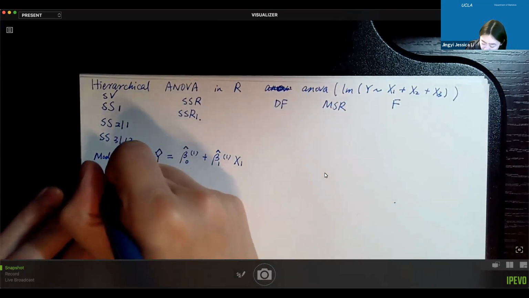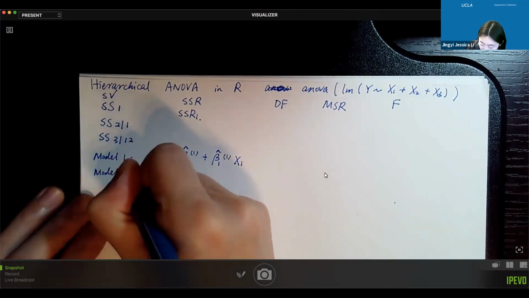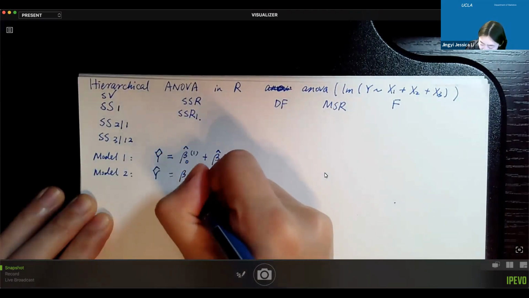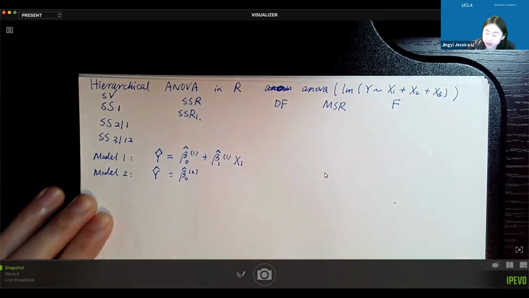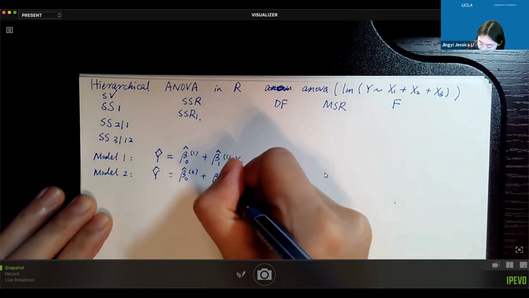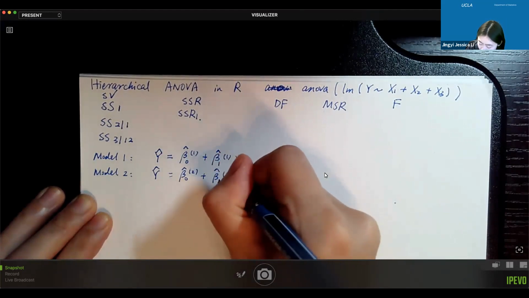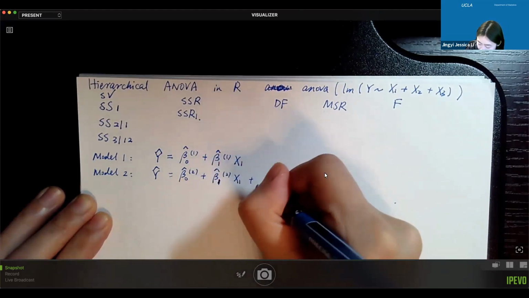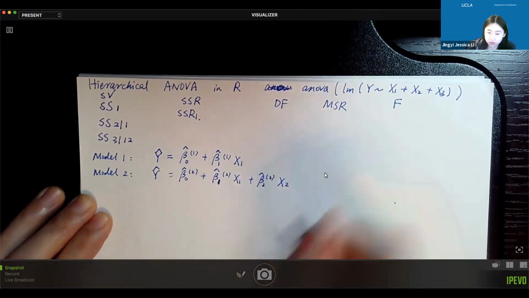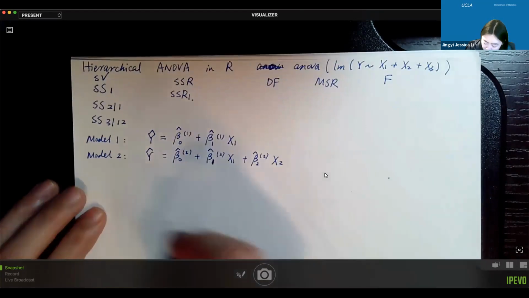And our fitted model 2, let's write it as y hat equals beta 0 hat 2, the intercept for fitted model 2, plus beta 1 hat 2 x1 plus beta 2 hat 2 x2. And then we'll have model 3.